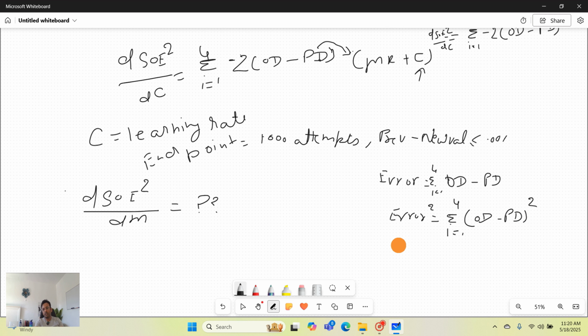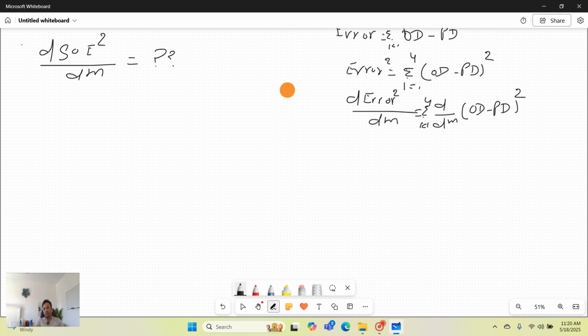And then we took the derivative of error square with respect to slope now. So we are doing it with respect to slope now. If I just keep the summation here, OD minus PD square. OD is constant, we already talked about that. So what we need to do here, we have PD, and what is PD?